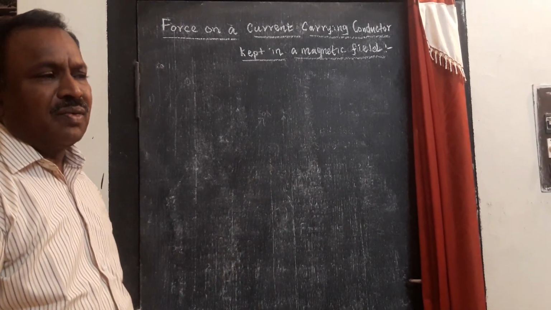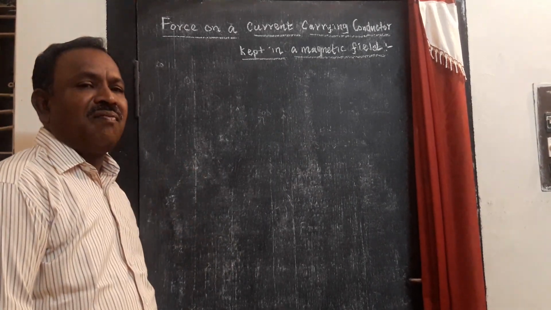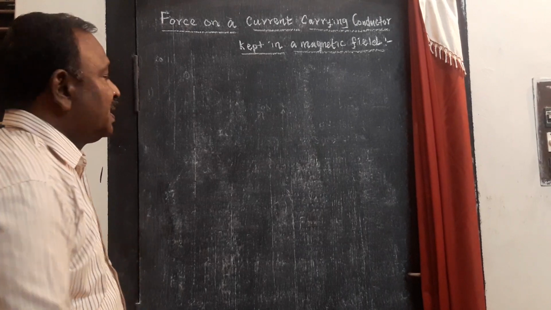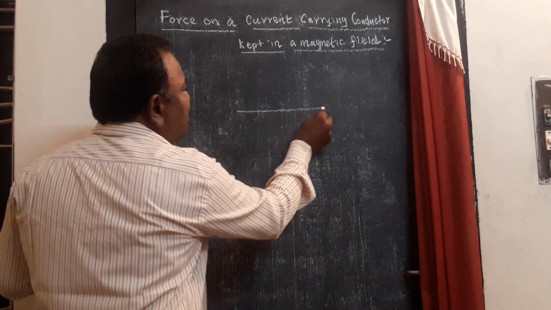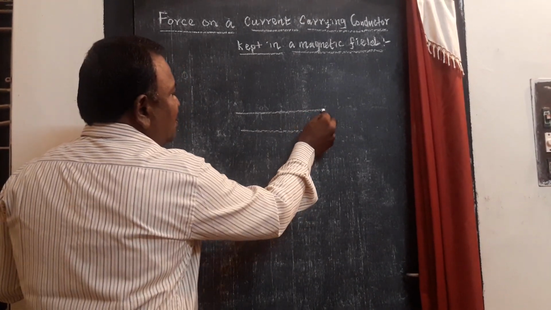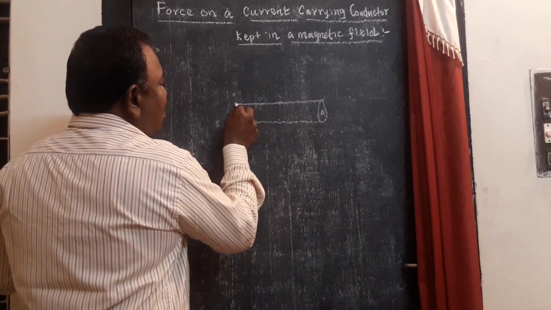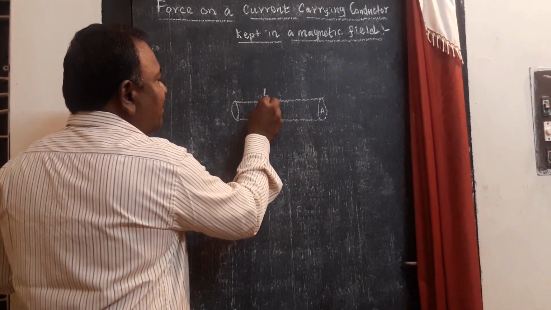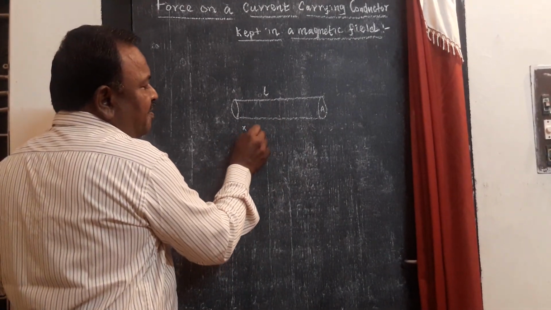We are going to consider a small element of length dl. This conductor is kept in the magnetic field. We are considering a conductor of cross-sectional area A and length L.